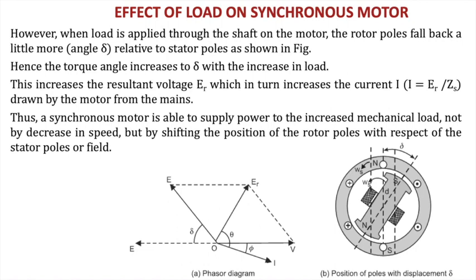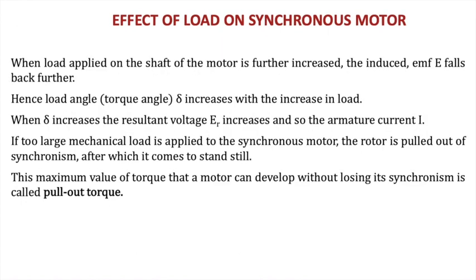But there is no change in the speed. The rotor is still running at the synchronous speed only, but the angle between the rotor field and the stator field has increased by an angle delta.